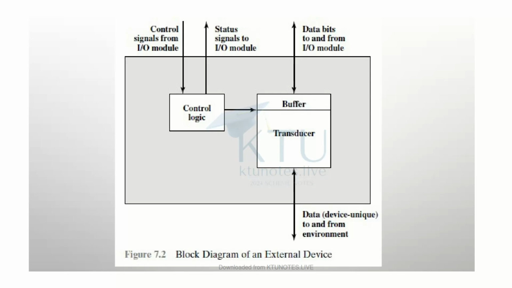Through the transducer is where the data transfer happens between the external environment and the transducer, and through the buffer the data is transferred in bits in and out to the IO module, from the device to the IO module and from the IO module to the device. Such data transfer is happening from the buffer part, as you can see here.